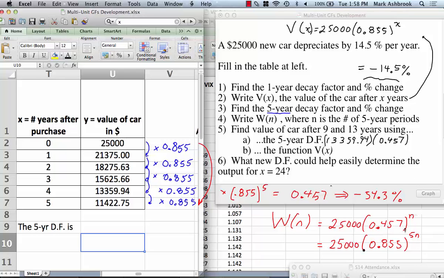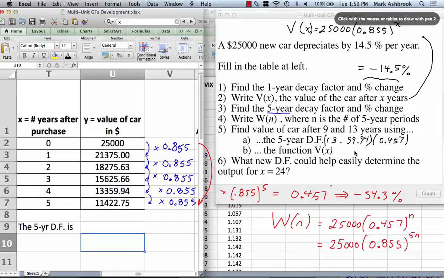How could you do that? You could use the one we set up before and use the exponent of 2.6, since 2.6 times 5 is equal to 13. Okay, maybe, but I just want to use the straight up 5-year decay factor.